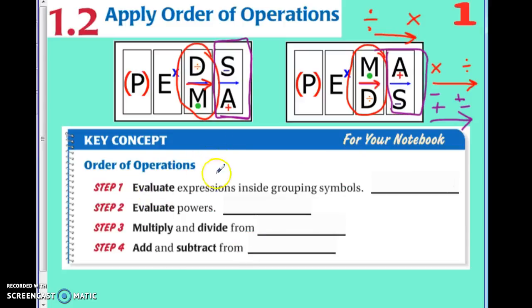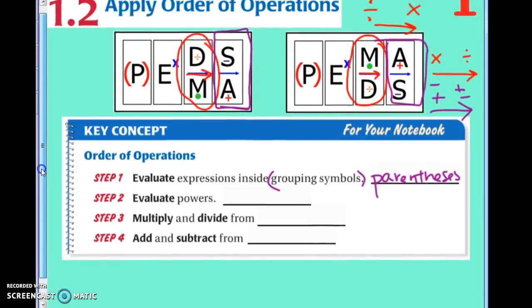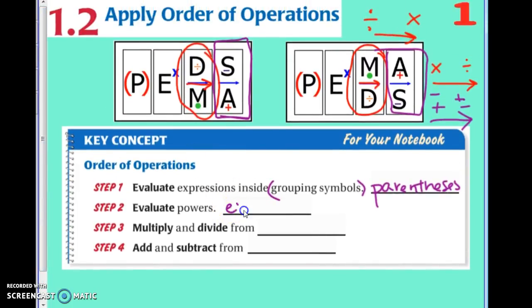So just some vocab here. Step 1, evaluate expressions inside grouping symbols. Those grouping symbols we call parentheses, so fill that in. Then our powers, we call that our exponents.